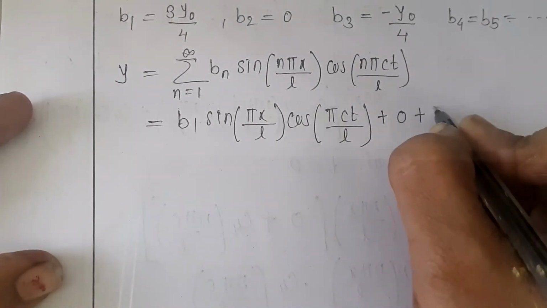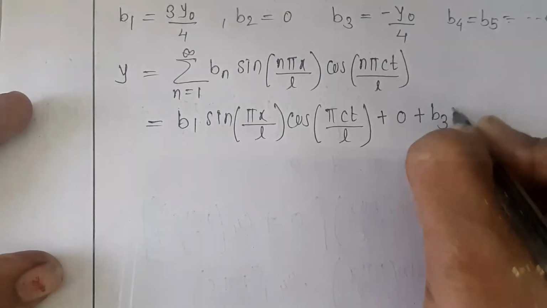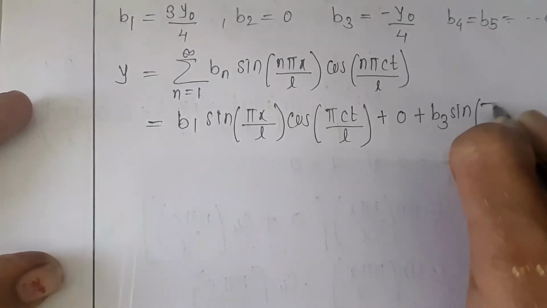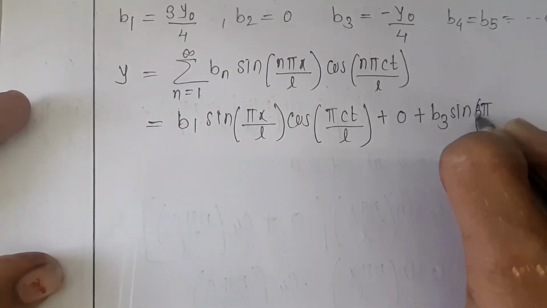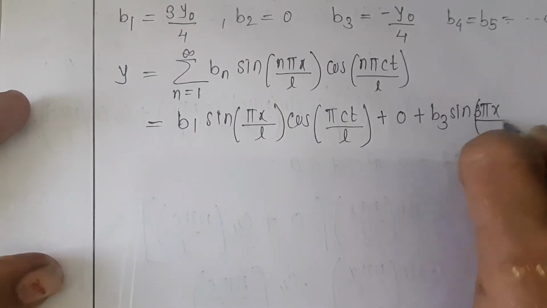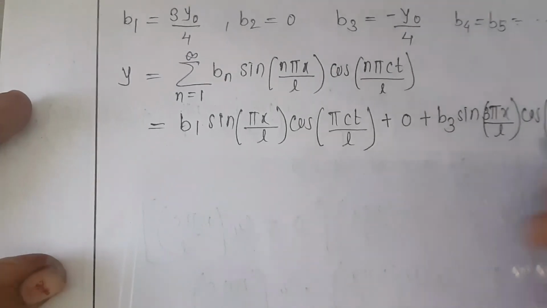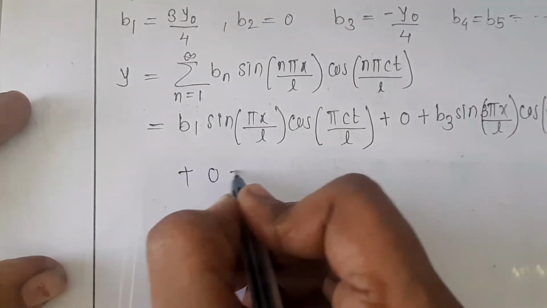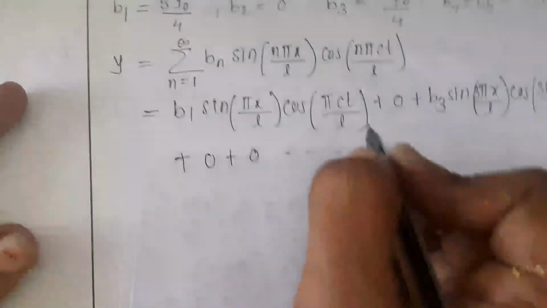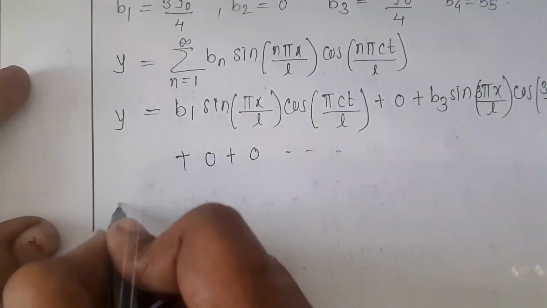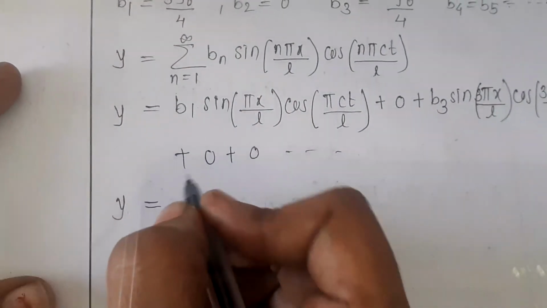Then n is equal to 3, B3 sin of 3 pi x by L multiplied by cos of 3 pi ct by L. This is B3, and all the remaining values are 0. So this is our final solution by substituting the values of B1 and B3.